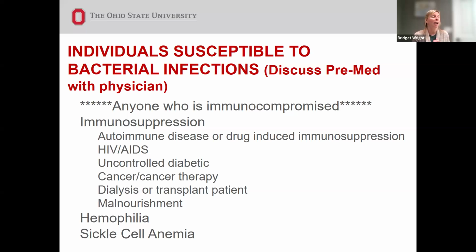Patients that have had uncontrolled diabetes, often, cancer treatments that lower patients' immune system, and so they would be more compromised in this situation. So you'd want them to be pre-medded. Patients who are going through dialysis or have had a transplant, and then also some blood disorders like hemophilia or sickle cell anemia.